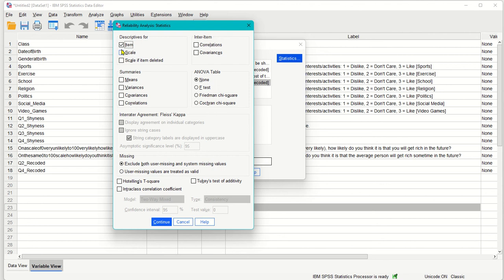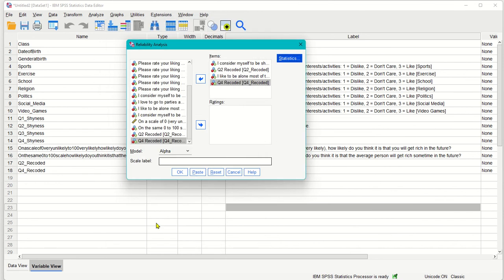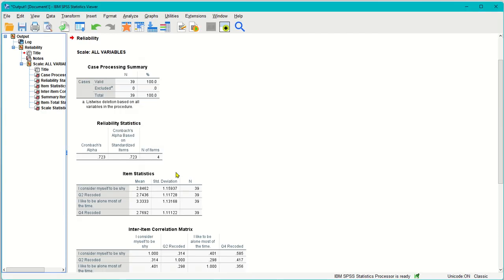We want descriptives for the item, the scale, and the scale if the item is deleted. In the inter-item, we want correlations, and for the summaries, we want means and correlations. And then just select Continue, and then OK.